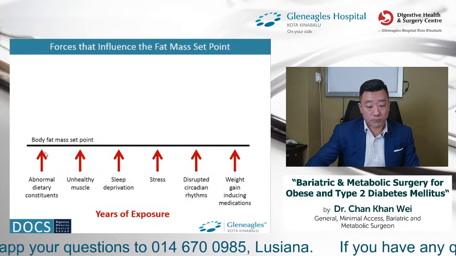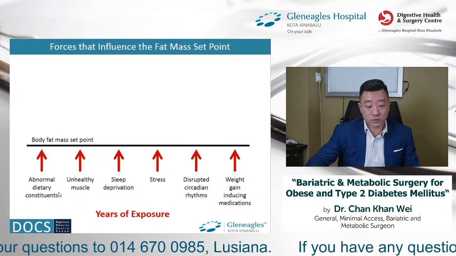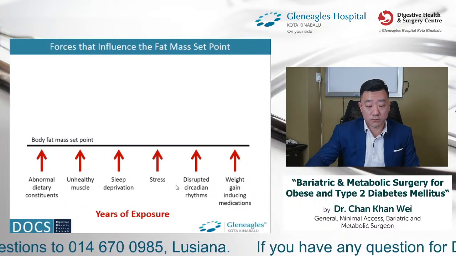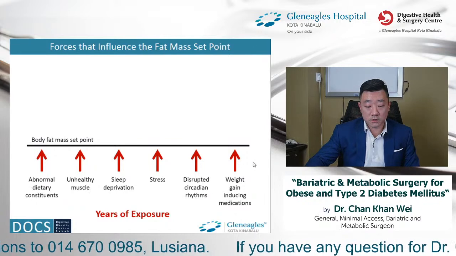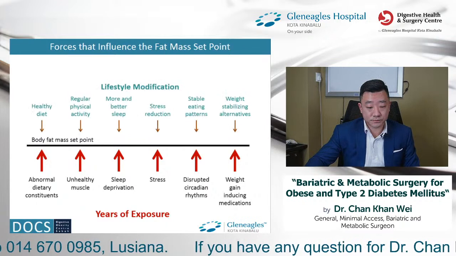So this body fat mass set point is actually altered over years of exposure by abnormal dietary constituents, unhealthy muscles, sleep deprivation or stress, disrupted circadian rhythm, and weight gain inducing medication like insulin.